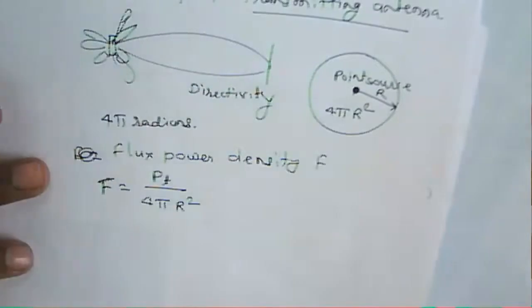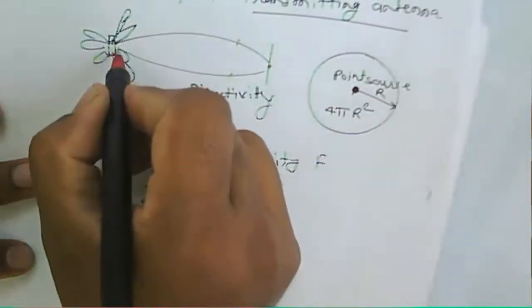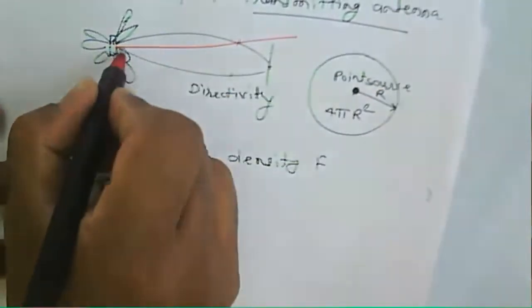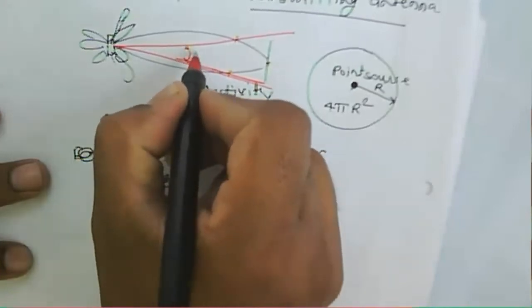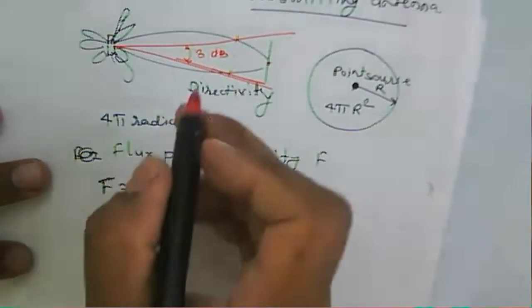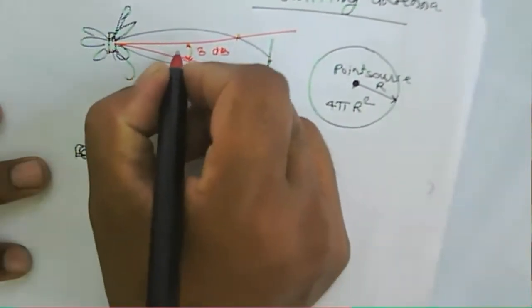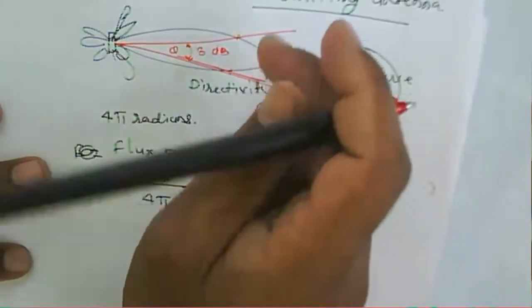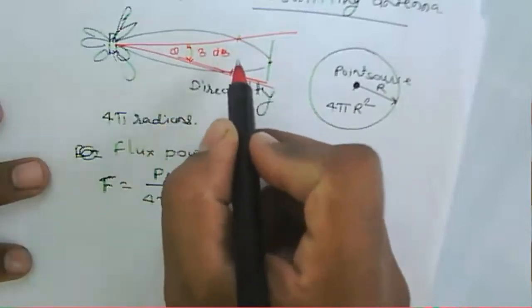From the maximum, we can calculate the 3 dB point, and the line joining these 3 dB points gives us the 3 dB beamwidth, or the half power beamwidth. This is nothing but 3 dB theta here, meaning your power radiates maximum in the given direction.